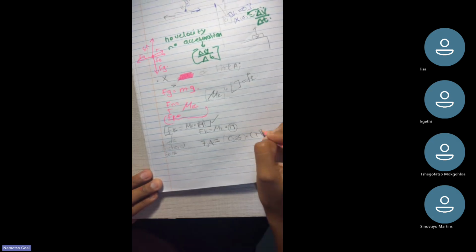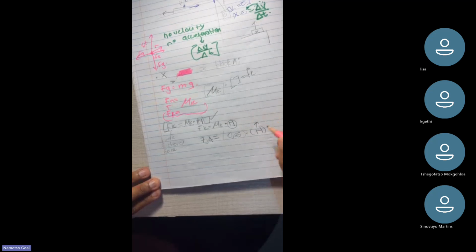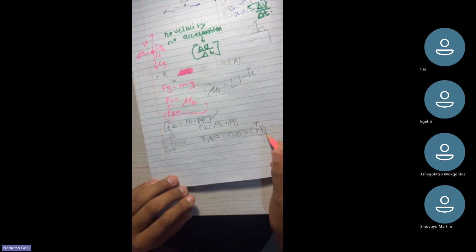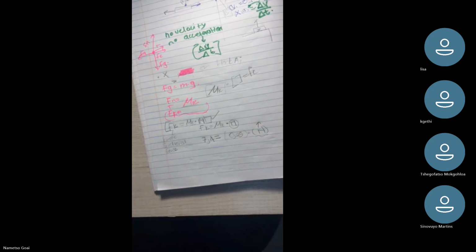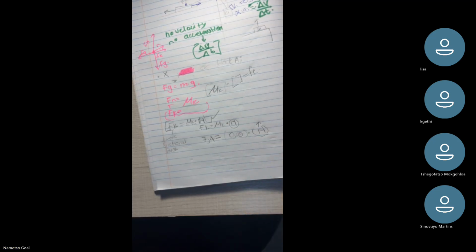Multiplied by the normal force. Remember, we're trying to calculate the mass of this thing. What is the formula to calculate the normal force?